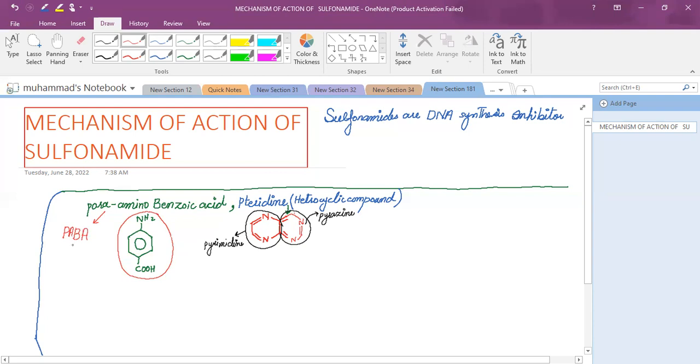Para-aminobenzoic acid plus pteridine combine with each other and a new product is formed.